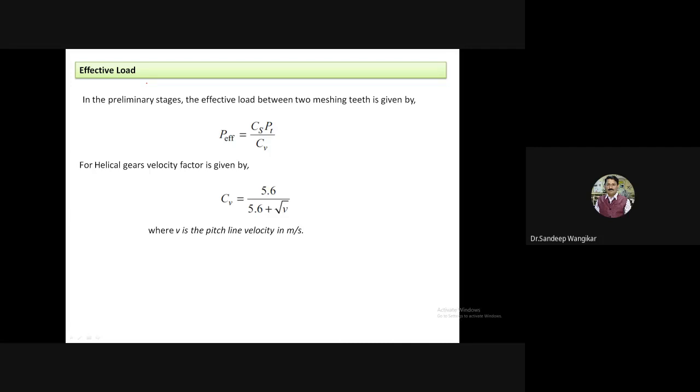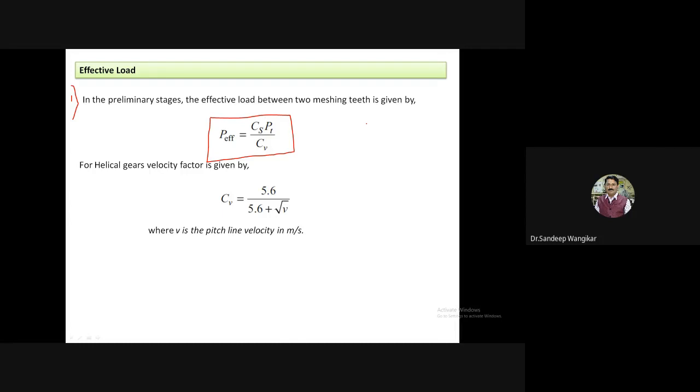So effective load, as in spur gear, we have discussed in the preliminary stages of gear design, when we don't have the exact values of module and we cannot calculate the errors and pitch circle diameter for pinion and for gear. If we don't have all these, then the effective load between two meshing teeth is given by P effective is equal to CS PT divided by CV. This is the first formula in the preliminary stages of gear design, the velocity factor method.